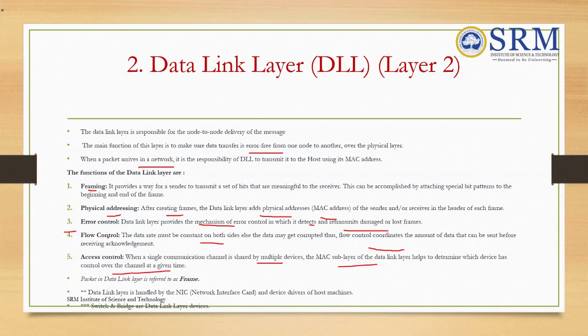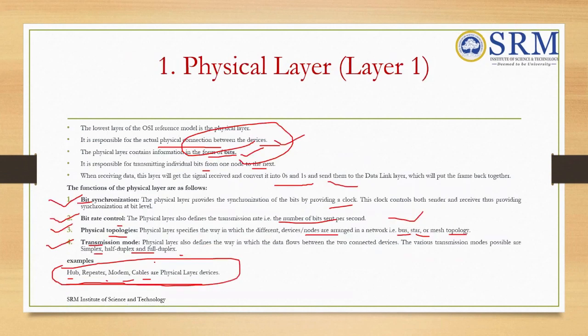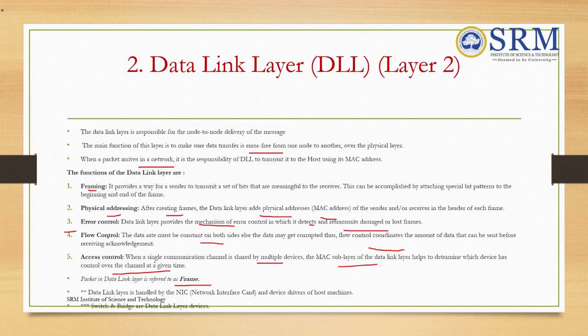In physical layer, we are mainly concentrating on physical devices, and the information will be bits. In data link layer, the information will be in the format of frames. There we use switch, and the network interface card is the data link layer device.